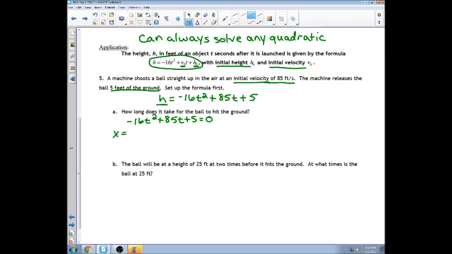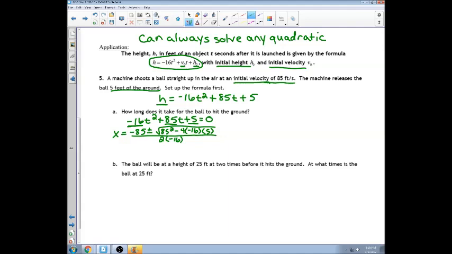x is going to be the time when the ball hits the ground. Okay? It's the opposite of b. Well, b is 85, so negative 85 plus or minus the square root of b squared, so 85 squared, minus 4 times my a value, which is negative 16, times my c value, which is this positive 5. All of that is going to be over 2 times my a value, which again is negative 16.